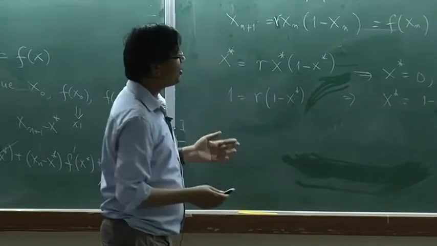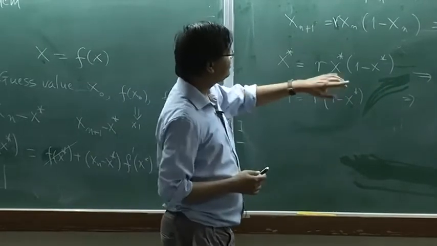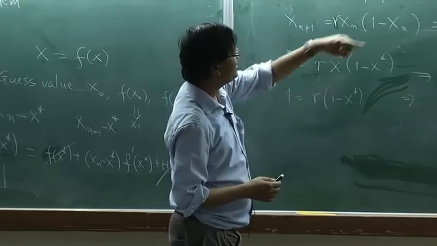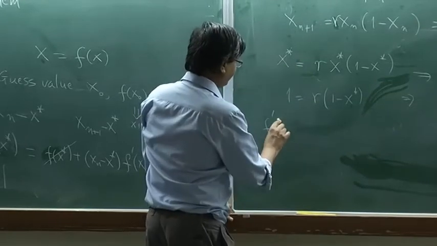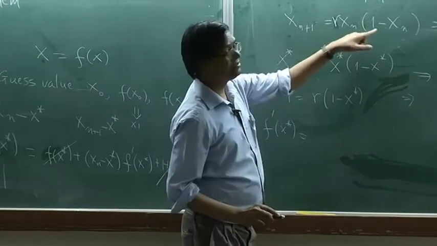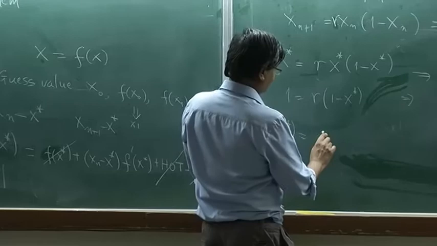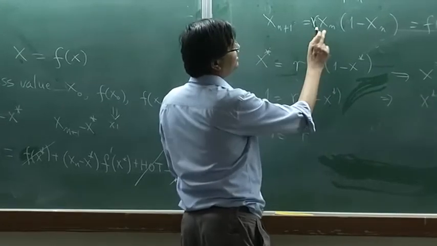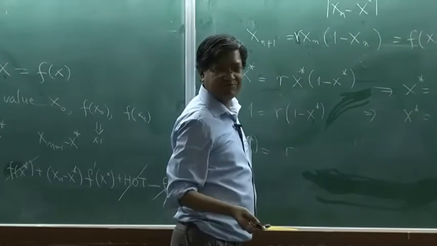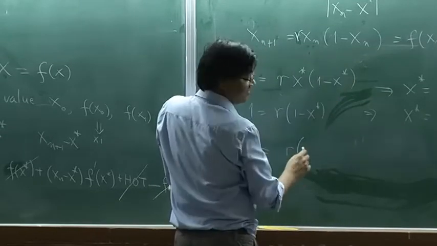Now I can compute what the condition is. So let's see this equation. I have to just compute f prime of x star. So take the derivative of this. What is the derivative? f of x is r times x, where x_n is replaced by x, so r times (x minus x squared).